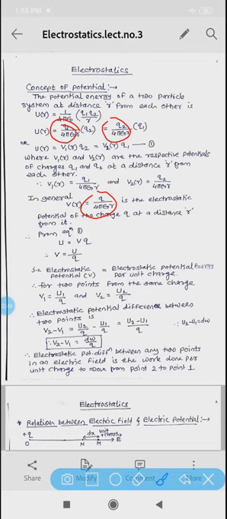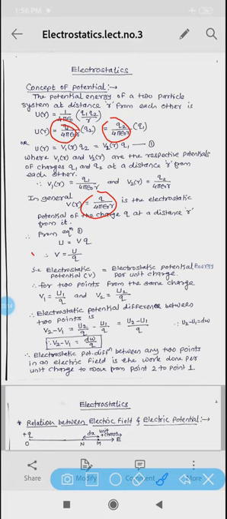V is the electrostatic potential. What is U? U is the electrostatic potential energy and Q is the charge. So the electrostatic potential V is equal to the electrostatic potential energy per unit charge.